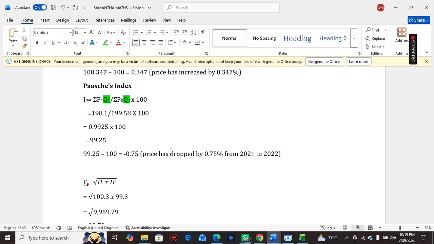Any questions before we now find Fisher's price index, which is just a multiplication of these two, and then you get the square root.